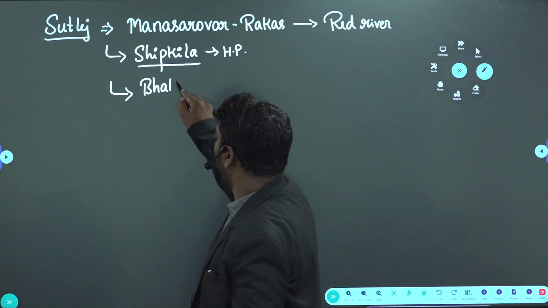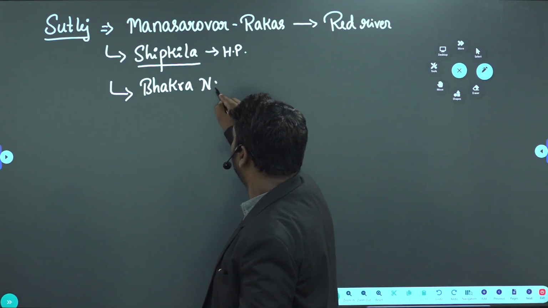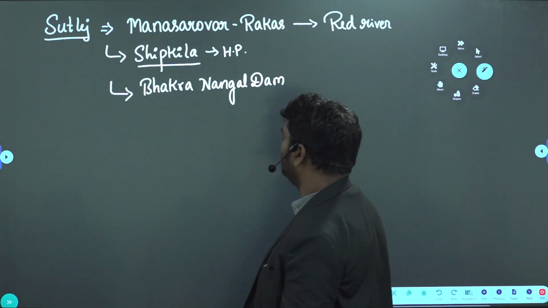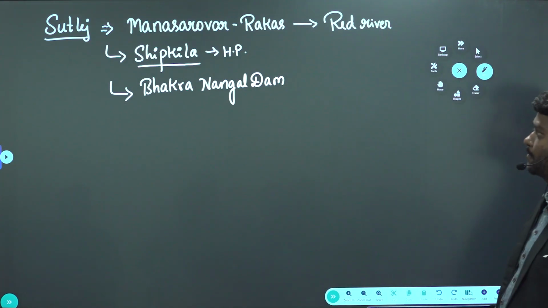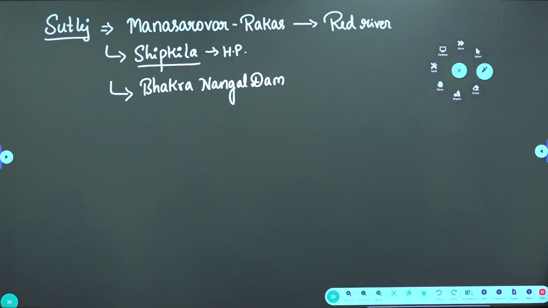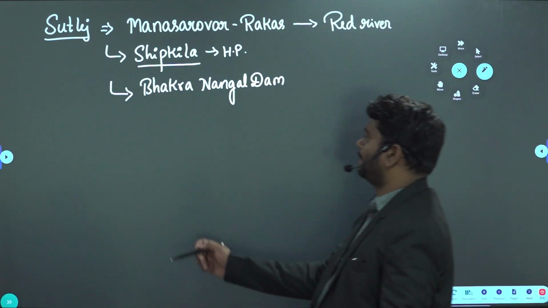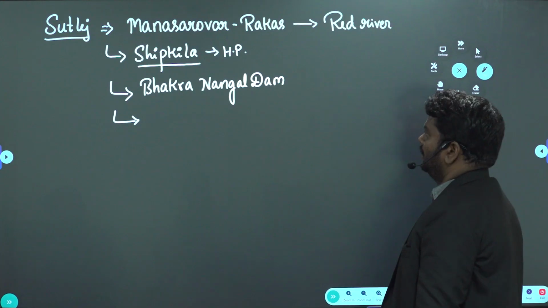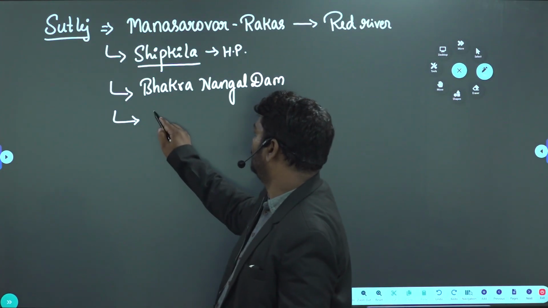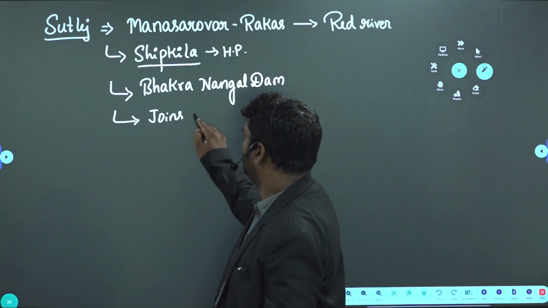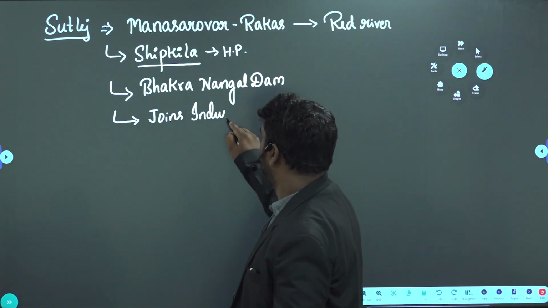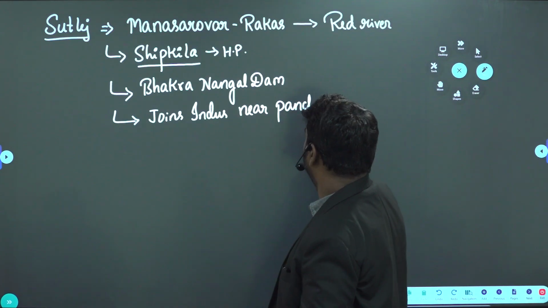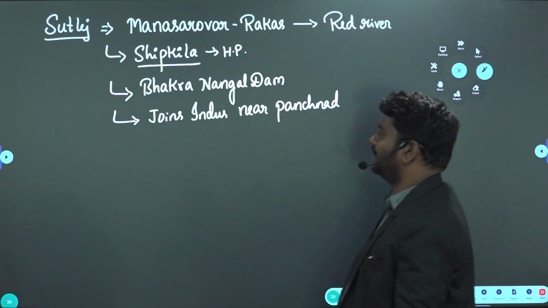On this, the famous Bhakra Nangal Dam is built. Panchnad.